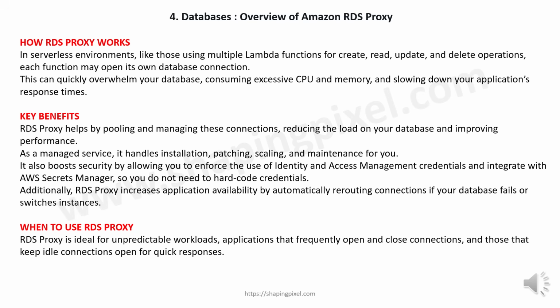In serverless environments, like those using multiple Lambda functions for create, read, update, and delete operations, each function may open its own database connection. This can quickly overwhelm your database, consuming excessive CPU and memory and slowing down your application's response times. RDS Proxy helps by pooling and managing these connections, reducing the load on your database and improving performance.